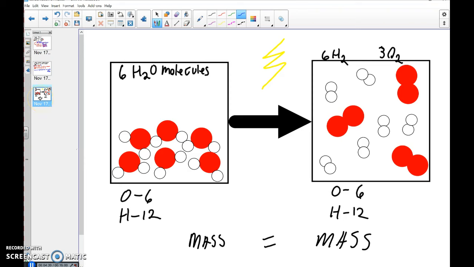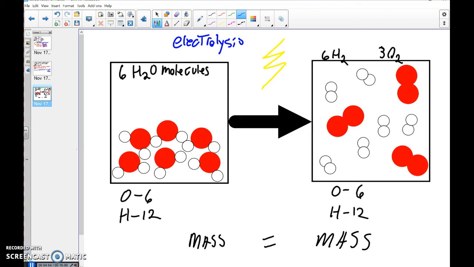This is actually an example that we saw in an earlier presentation, specifically called electrolysis, where you use electricity, our little yellow lightning bolt there, to take water molecules and break them into hydrogen gas, the diatomic element, and oxygen gas, the diatomic element.